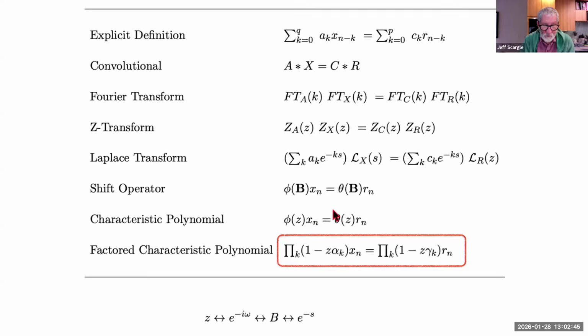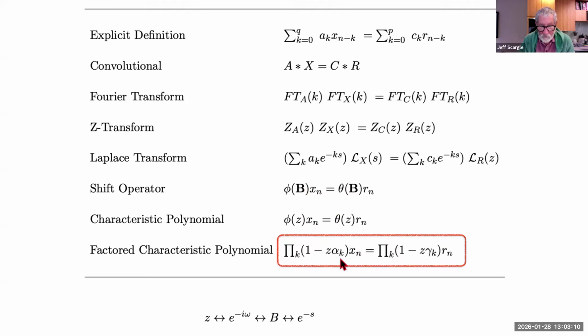The characteristic polynomial is equivalent: if you replace the free variable in the characteristic polynomial with the shift operator, you get an operator representation of the most general AR model. And if you factor the characteristic polynomial, you get this relation.